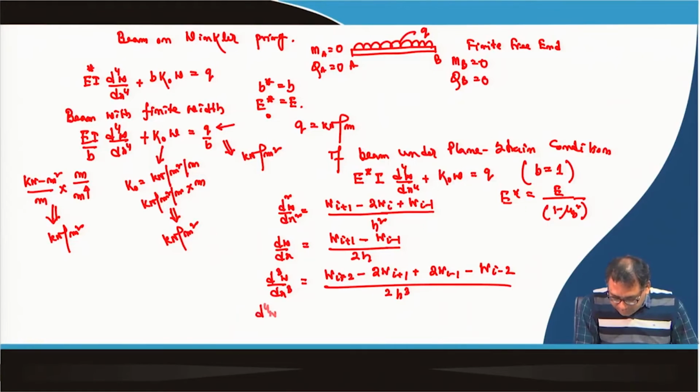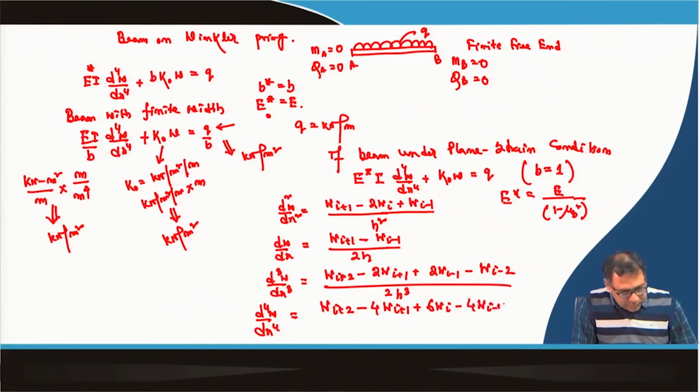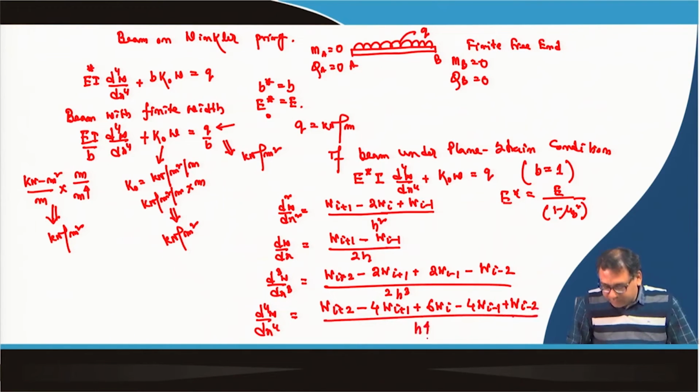And d4W dx4 I can write in central difference scheme as W I plus 2 minus 4 W I plus 1 plus 6 W I minus 4 W I minus 1 plus W I minus 2, divided by h to the power 4. So, these are the expressions of dW dx to d4W dx4 in central difference scheme.